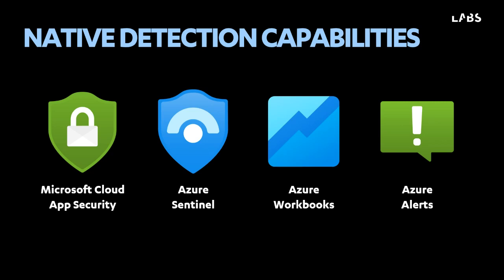Some of these services are Microsoft Cloud Application Security, which is their CASB solution, Azure Sentinel, which is their cloud SIEM, and Azure Workbook, which is a platform for users to perform data analysis and visualization. It also has built-in queries, which perform this detection of the consent phishing attack.